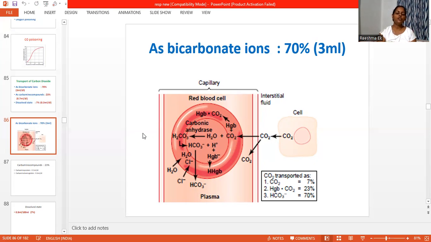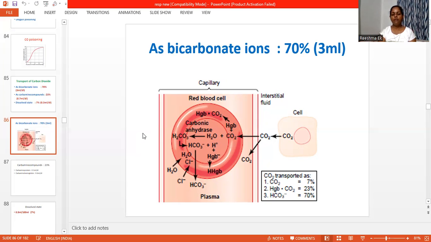In exchange for HCO3 minus ions, a negative ion called Cl minus ions shifts into the RBC in order to maintain the electrical neutrality there. This shifting of chloride ions from the plasma of tissue capillary blood into the RBC of tissue capillary blood is known as chloride shift.